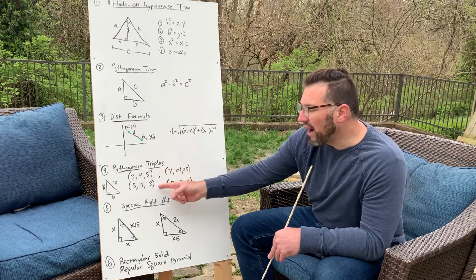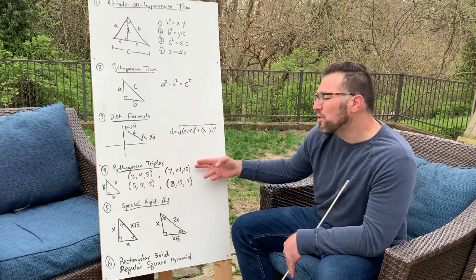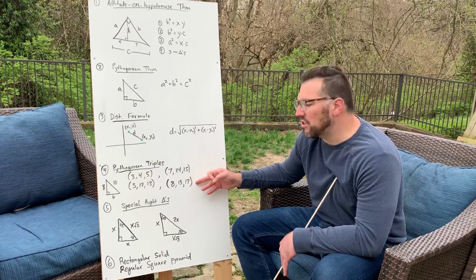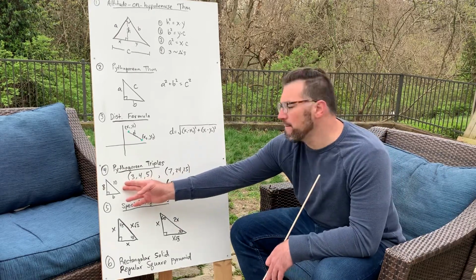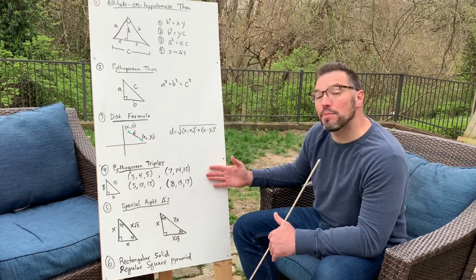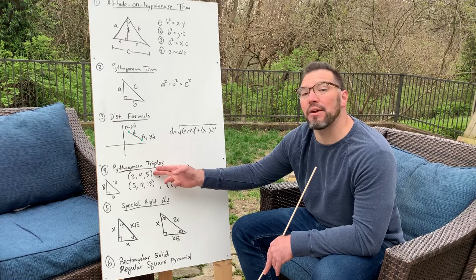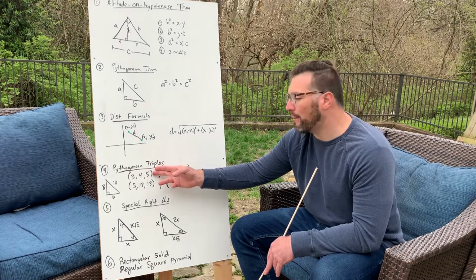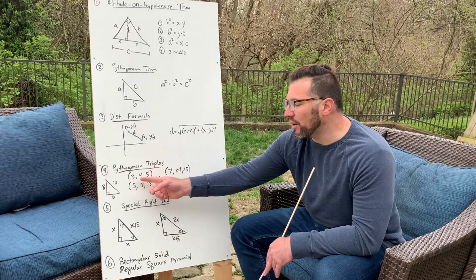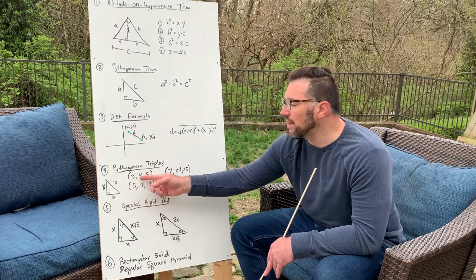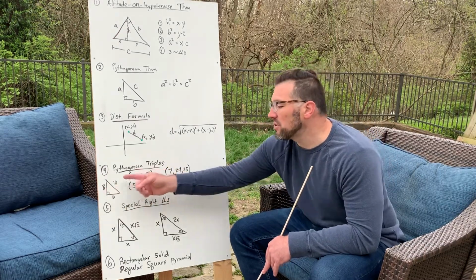So you got 3, 4, 5, you got the 5, 12, 13, you got the 7, 24, 25, you got the 8, 15, 17. Now I gave you an example here that is neither of these options because I need you to know that multiples of every one of these Pythagorean triples works as well, meaning multiply every one of these numbers by 2. 3 times 2 is 6, 4 times 2 is 8, 5 times 2 is 10.